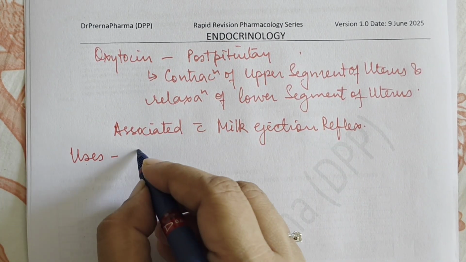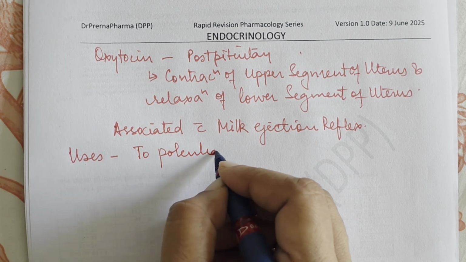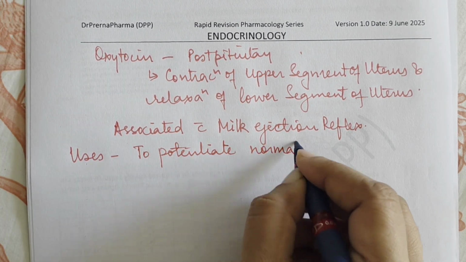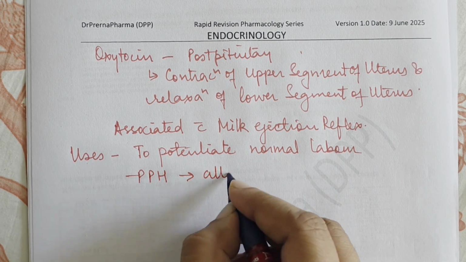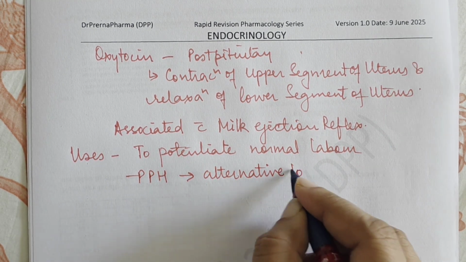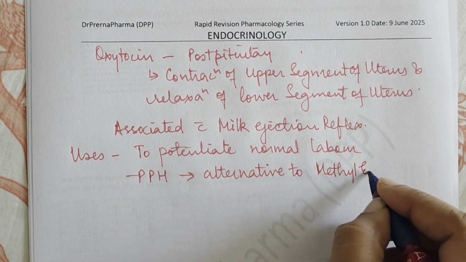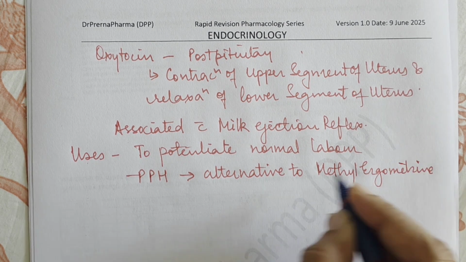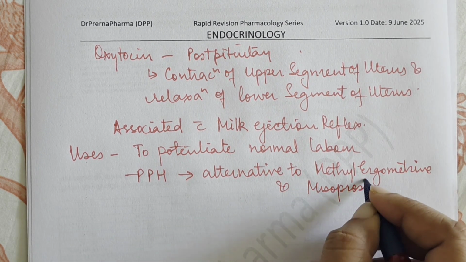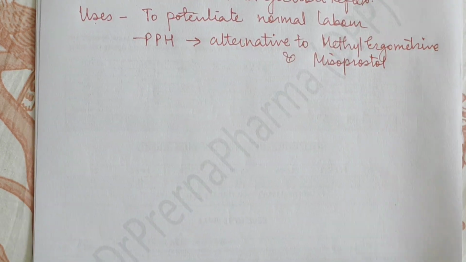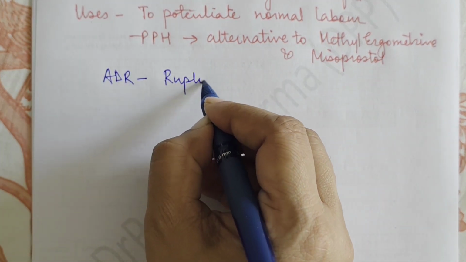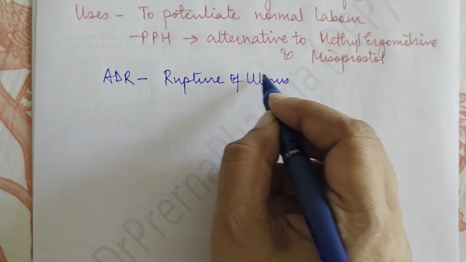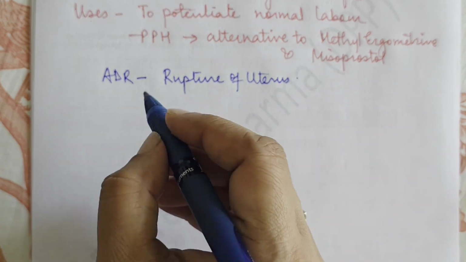It is used to potentiate normal labor and also used in PPH as an alternative to methylergometrine and misoprostol. Okay. An adverse drug reaction caused by this can be rupture of the uterus. Rupture of the uterus is usually seen with methylergometrine because it causes very severe contractions.